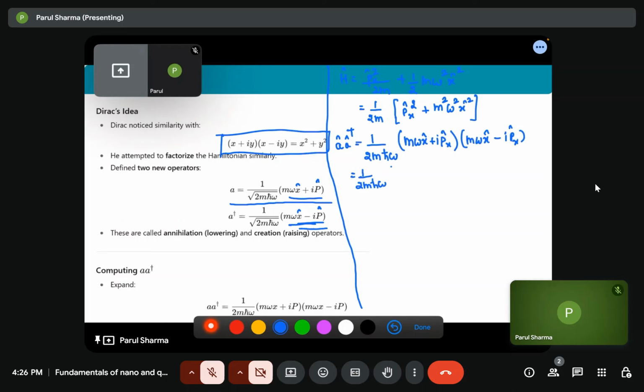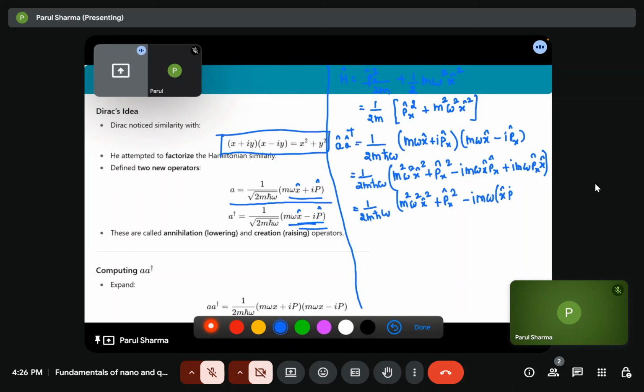m square omega square x square plus px square minus iota m omega x px plus iota m omega px x. So now m square omega square x square plus px square minus iota m omega, x p minus p x.